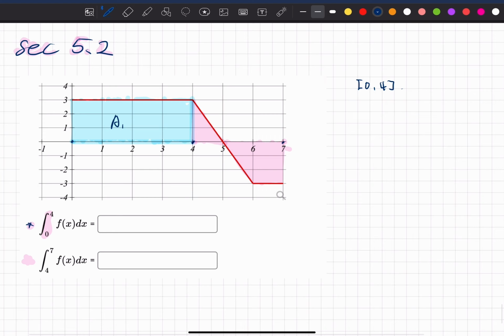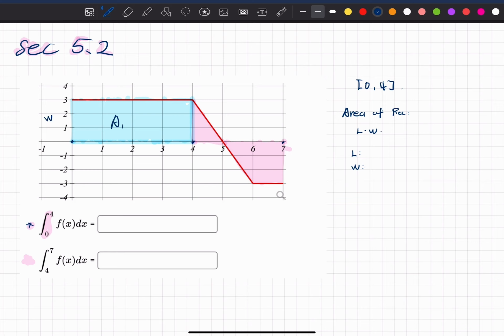As we all know, the area of a rectangle is length times width, so first we have to figure out what the length and width are.